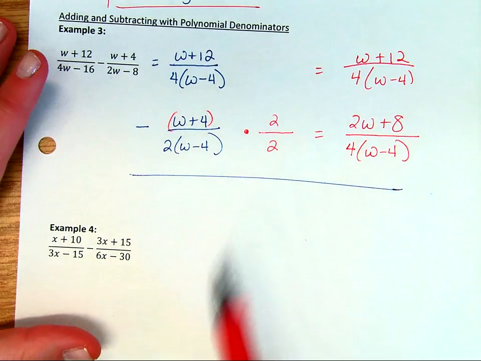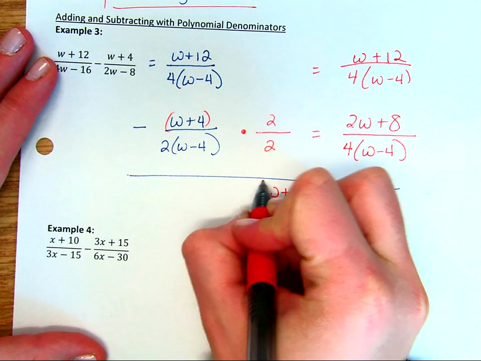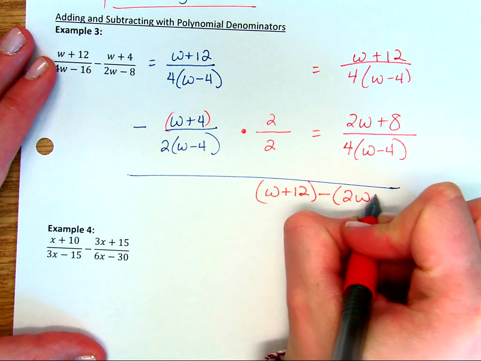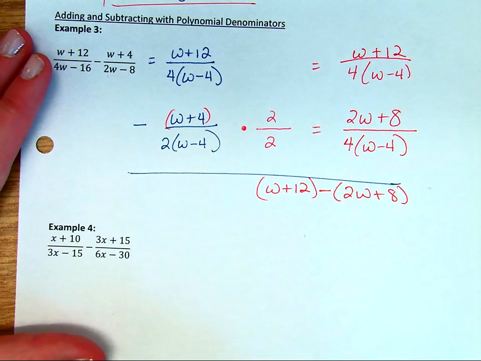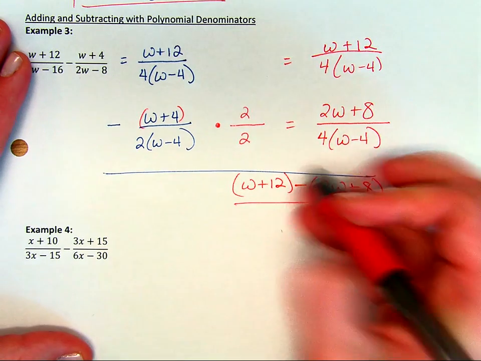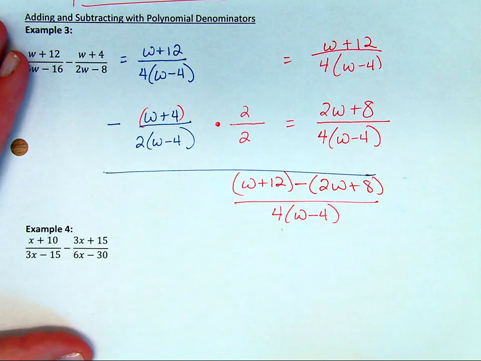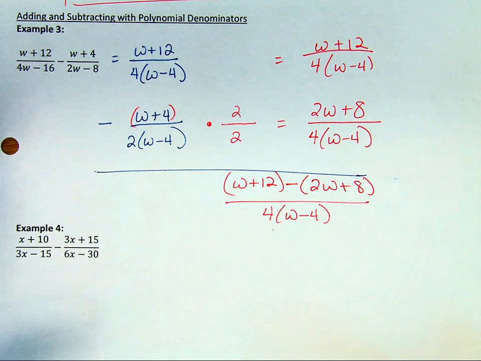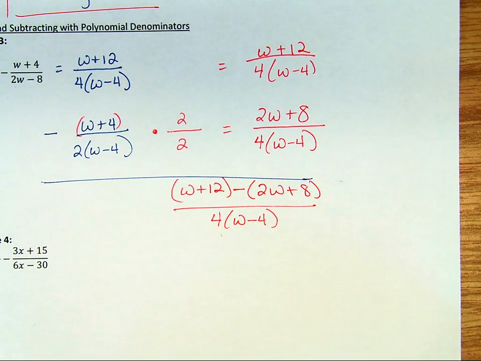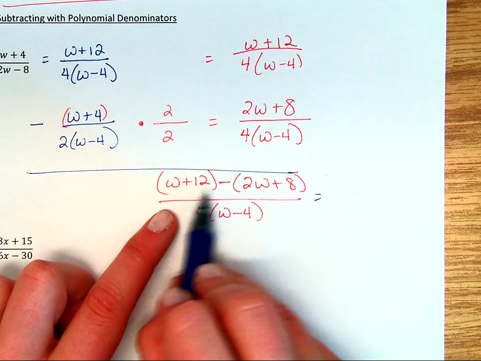So I'm going to take my 2 numerators and subtract them. So I'm going to do w plus 12 minus the quantity 2w plus 8. Don't forget to put in parentheses. I'm subtracting all of it over 4 times w minus 4. And just simplify this a little bit more, a couple more steps here. So this is going to be equal to, I'm just combining like terms here.